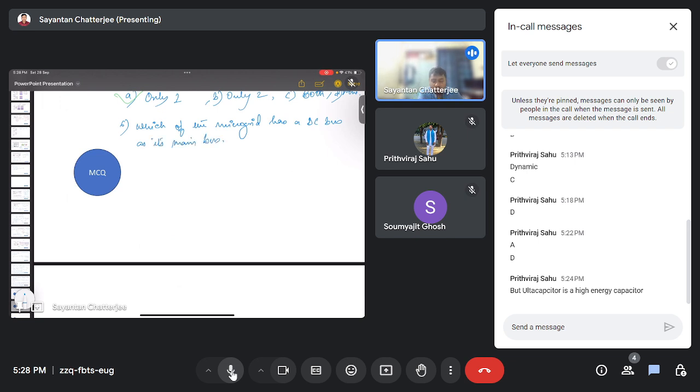This is a comparatively easy question. AC, DC, hybrid. Which one of the microgrid has a DC bus? This is a comparatively easy question.